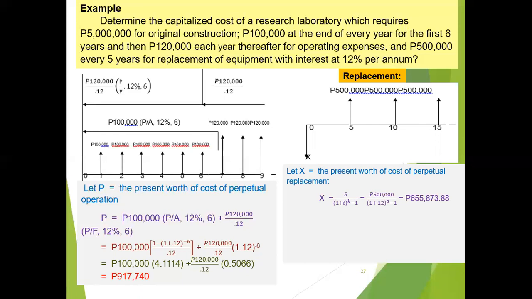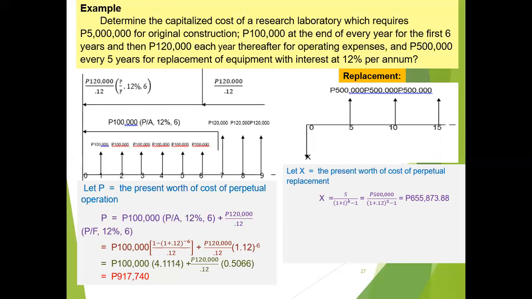So you have 500,000 over (1 plus 0.12) raised to the power of 5, minus 1. So the present value of your replacement every 5 years is 655,873.88.